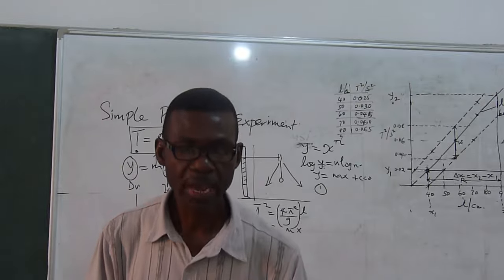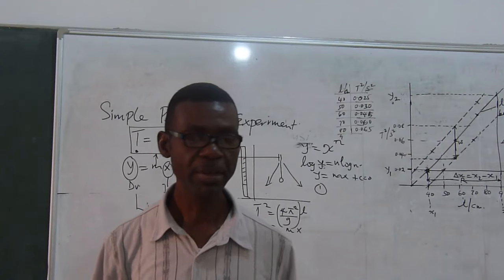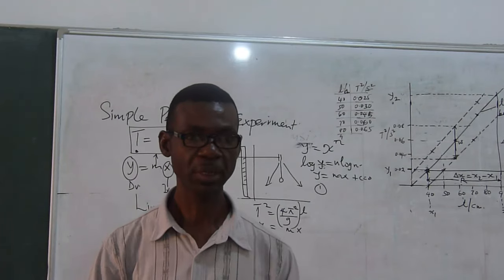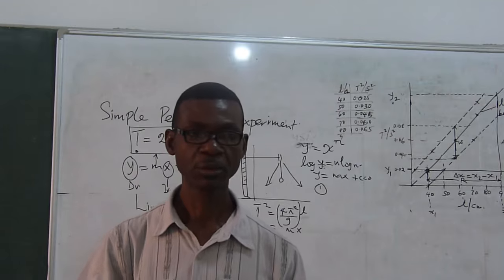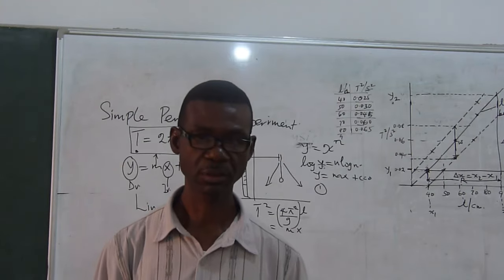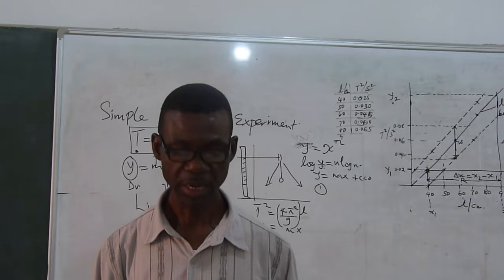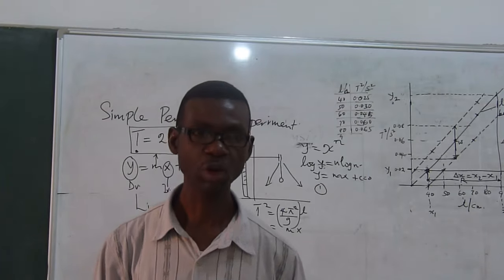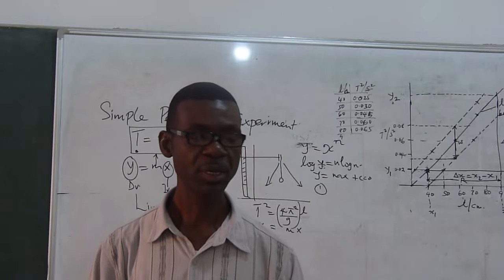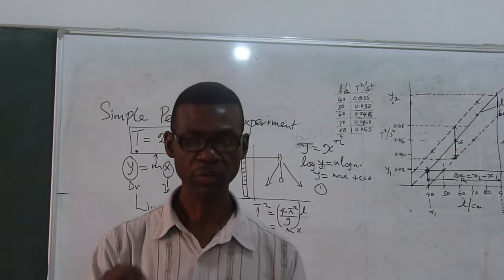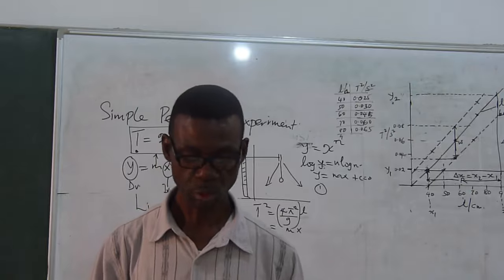So, what is our aim? An aim may be, for example, determination of the acceleration due to gravity. That's an aim. The title of the experiment will be simple pendulum, but the aim will be determination of acceleration due to gravity. So there must always be an aim.